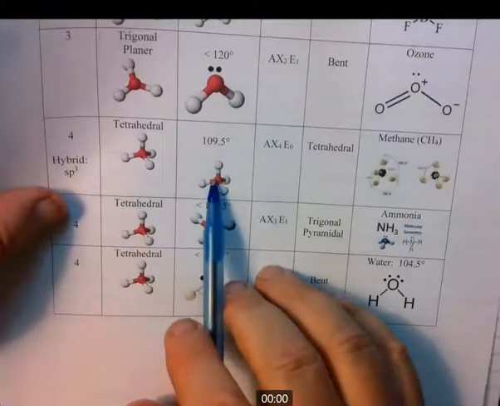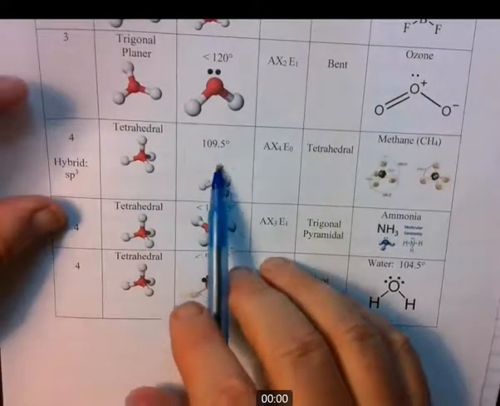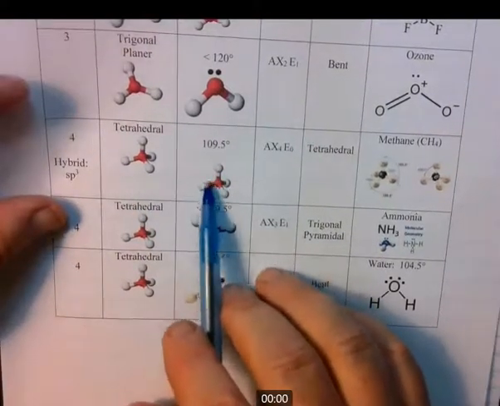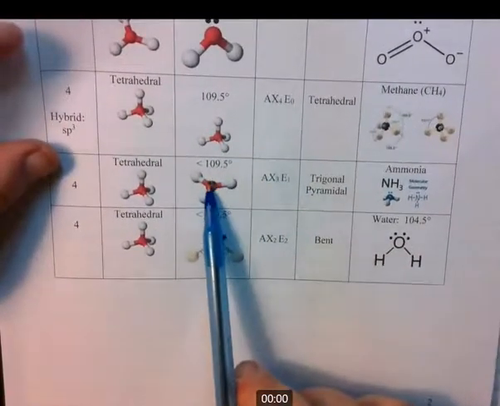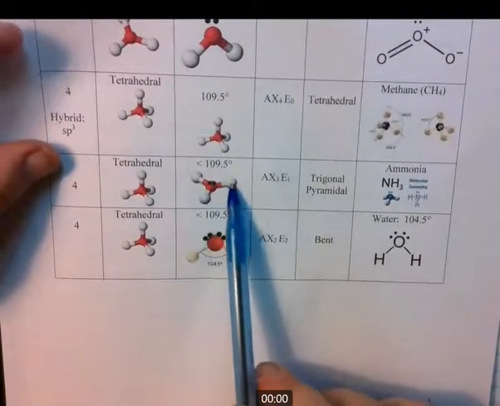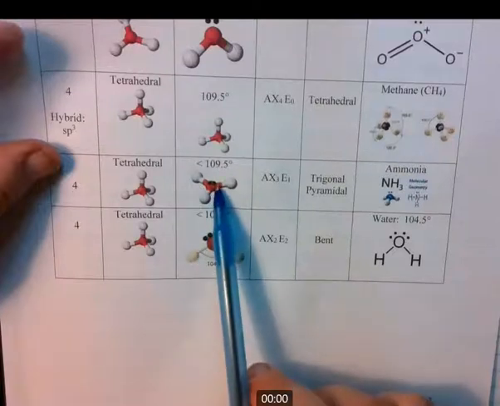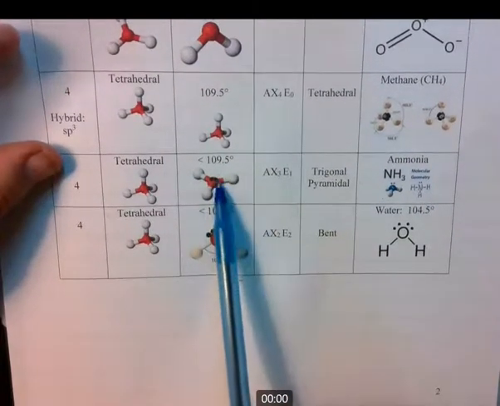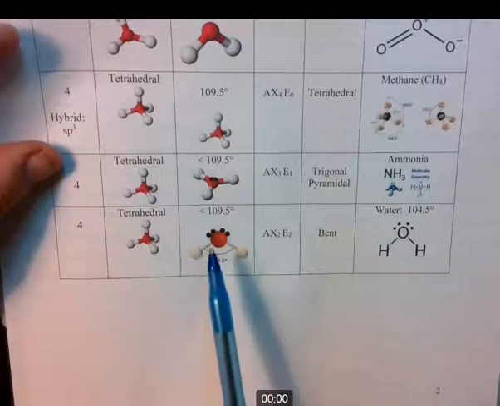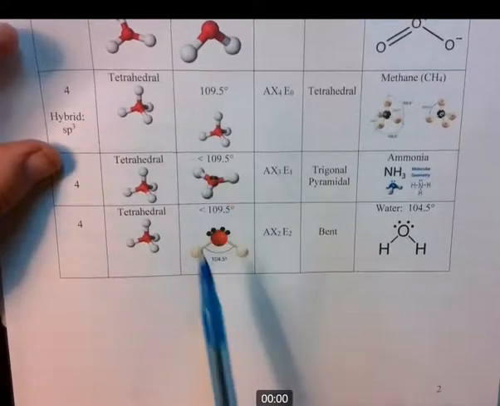Tetrahedral is a 109.5 angle when it has all 4 domains bonded to atoms. If you take away one and have a lone pair there, then it becomes less than 109 because these three get pushed downward by the lone pair. So that's a concept we'll keep repeating: lone pairs push down on the bond angles of the other bonded domains. So this one would simply be tetrahedral.